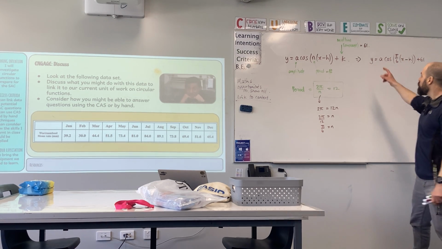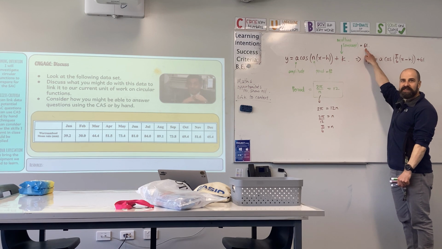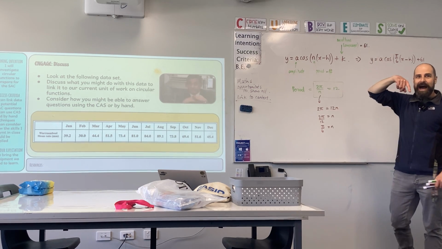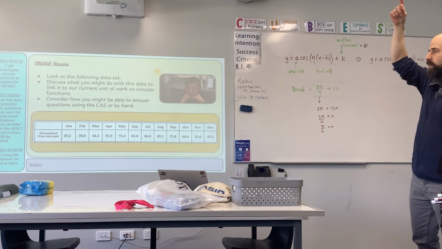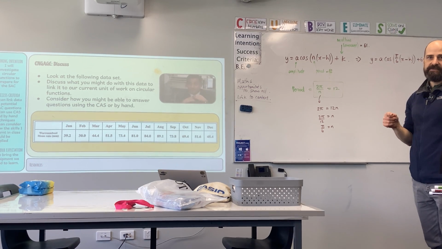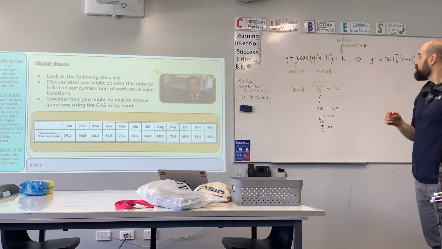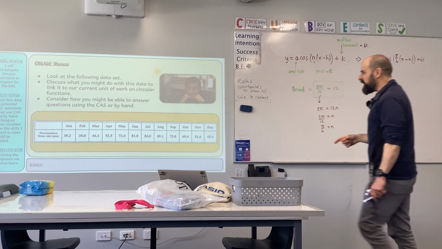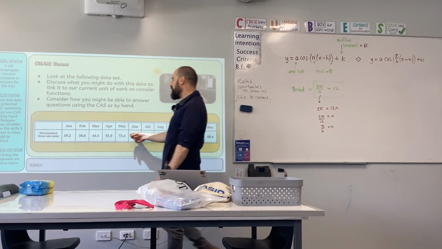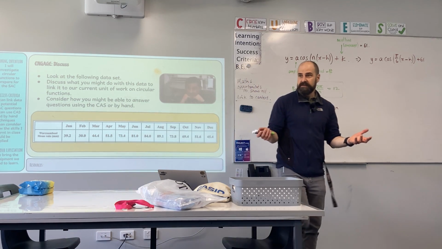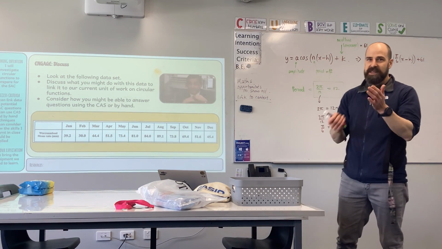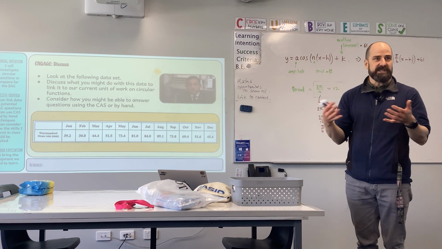Keeping in mind, we're going from where? So if I went from 61 and I went up 30, where would I get to? And if I went down 30, where would I get to? 31. So we've actually gone a little bit too high and maybe not quite high enough. What could I do instead? And this is where it's not an exact science.